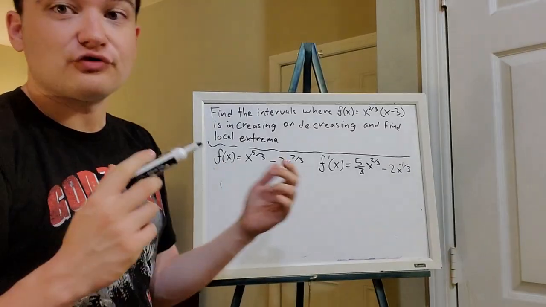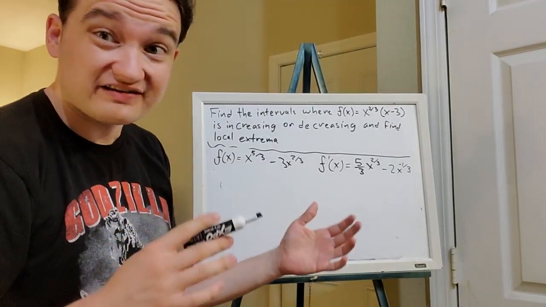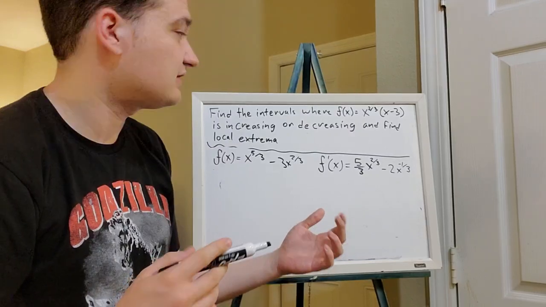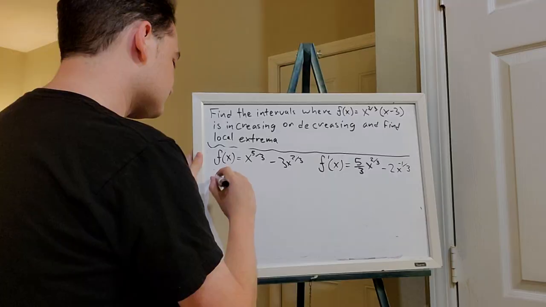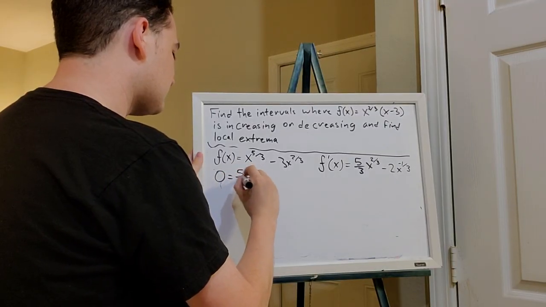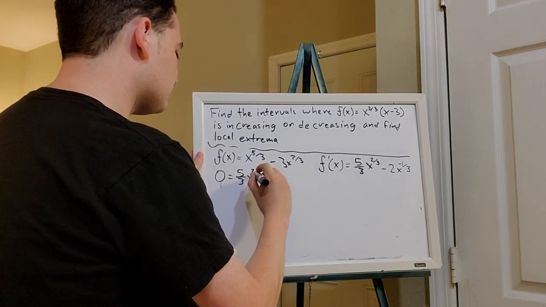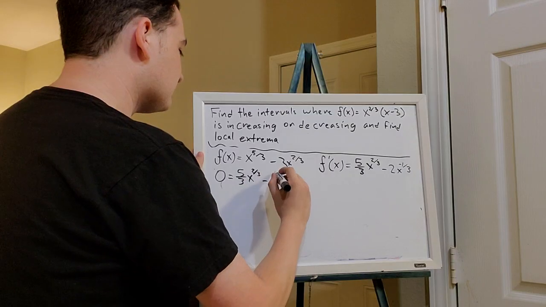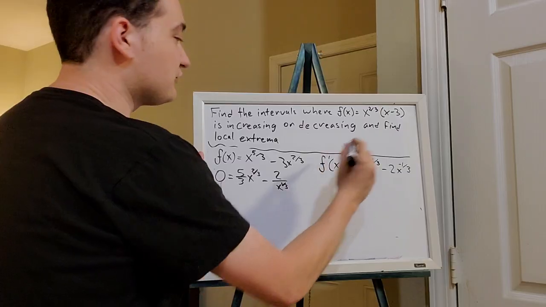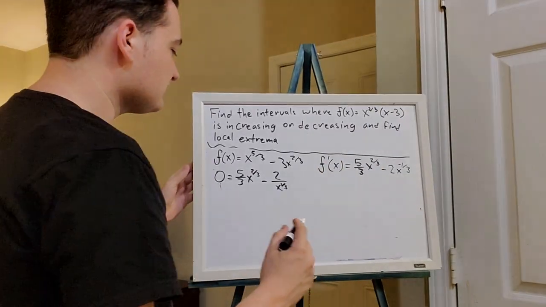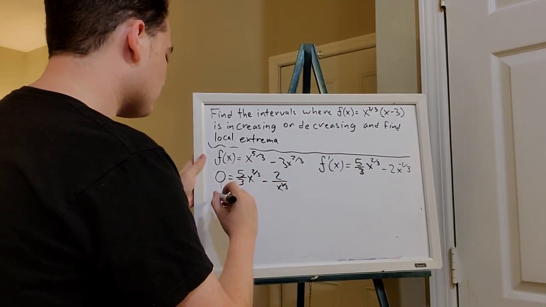So, next question. What are the critical points? Where does this equal 0? Where does it not exist? Well, first we're going to set the derivative equal to 0. 5/3 x to the 2/3 minus 2 over x to the 1/3, because that's what a negative exponent means. Let's solve for x.